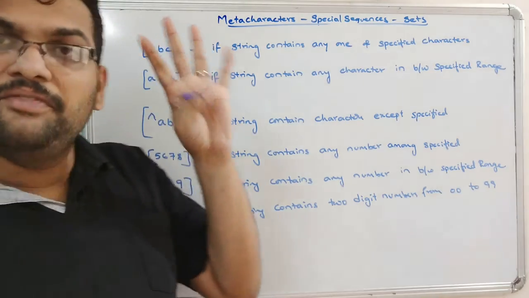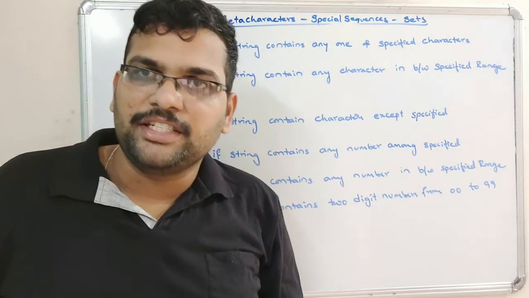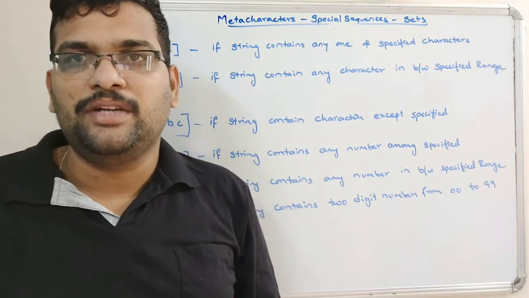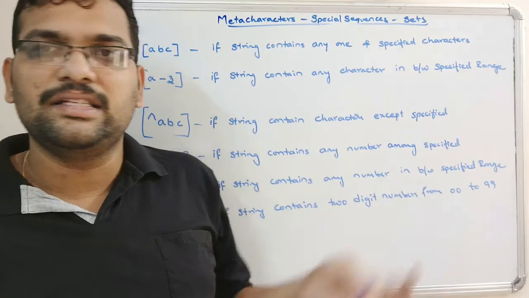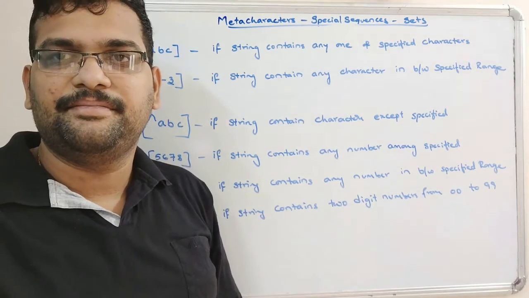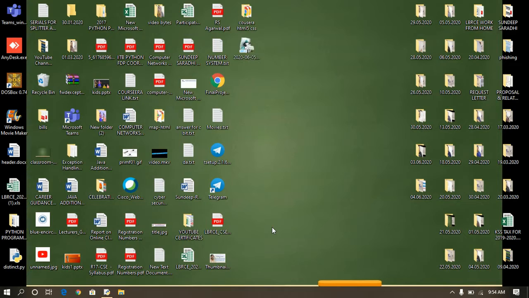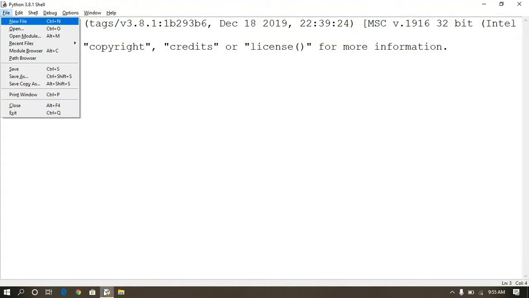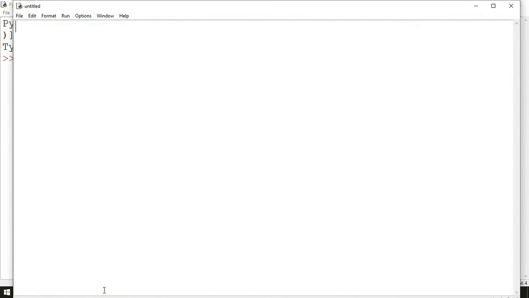So we'll see everything by executing a simple program, right? So that if you are having any doubts regarding this, it will be clarified. Now let us move on to the interpreter. Hello friends. So just now we have seen various meta characters, special sequences and sets available in regular expressions. Now we'll see one program executing all these things. So we'll write one program. All these are for pattern matching.